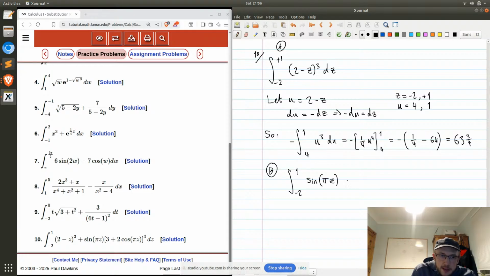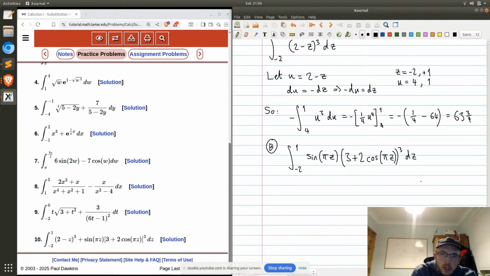Sine of pi z times (3 plus 2 cosine of pi z) to the fourth. Let u equal 3 plus 2 cosine of pi z. Then du equals, what's the derivative of that?